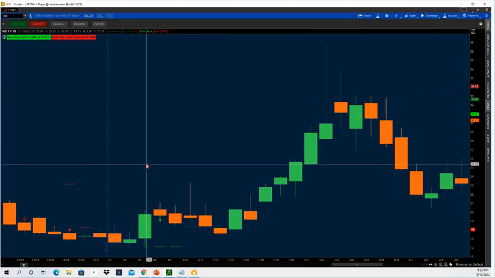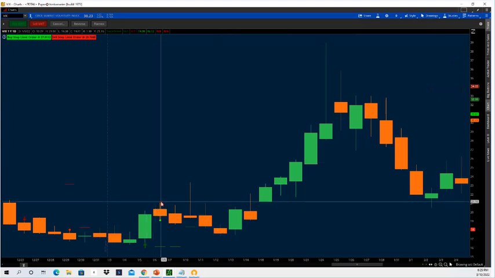Now, remember when we started our time together tonight, I mentioned that we want to look for follow through on the anticipated directional move. We don't want to just jump in. And how that can actually help us eliminate a lot of bad trades. Most people will jump in on a signal or some sort of anticipation that a security is going to go in one direction with a limit order or a market order.